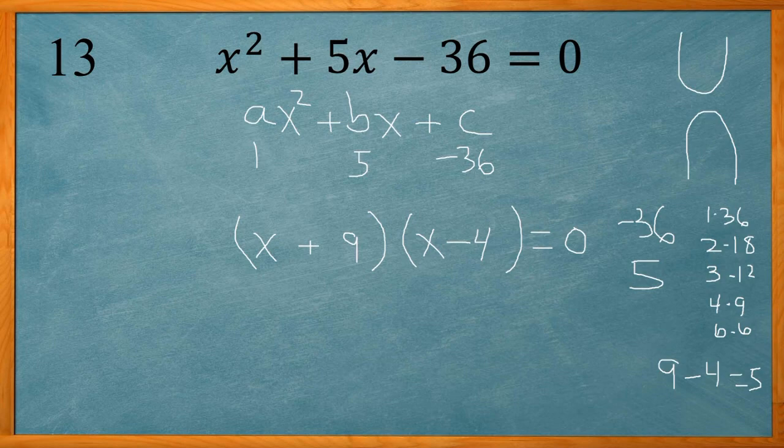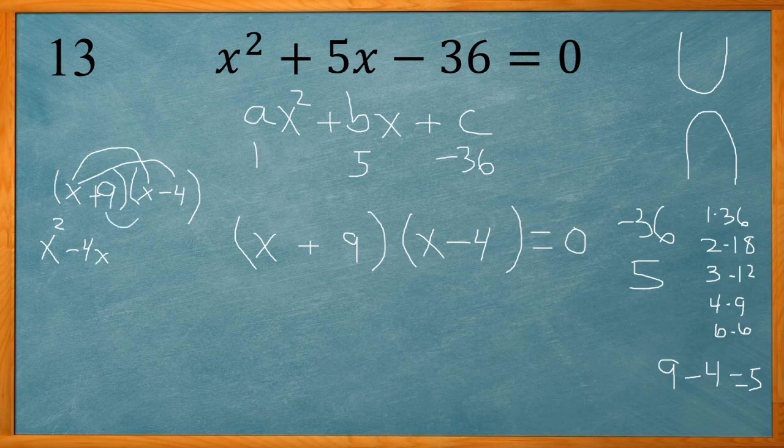Now I can just double check these if I were to multiply these out using the method called FOIL. x plus 9 times x minus 4. So FOIL says multiply these two together first. x squared, x times x equals x squared. Then take the x times negative 4. That's negative 4x.